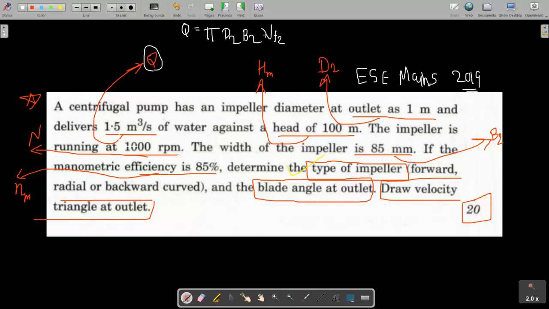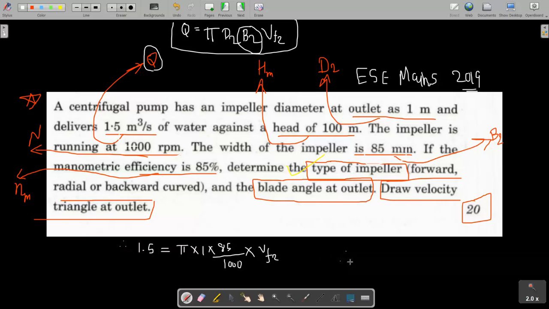But here we are only concerned with the outlet. So we have Q given as 1.5 meter cube per second, equal to pi D2, that means outer diameter 1 meter, and B2, that is the width at outlet, given as 85 mm. So we will write 85 divided by 1000 to convert to meters, into VF2.